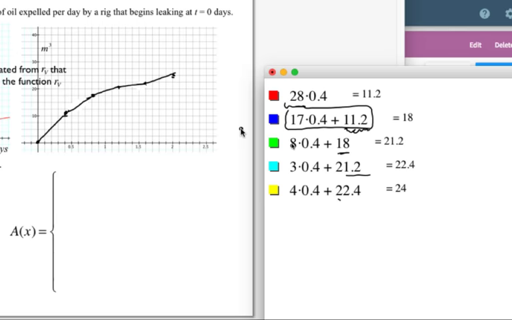Okay, so now we got the picture, and we just based it on those endpoints, but can we write a relationship for every single value at time in days? Can we get this accumulated amount? And so what are we going to do? We're going to look at arbitrary points, right? And what do we got?